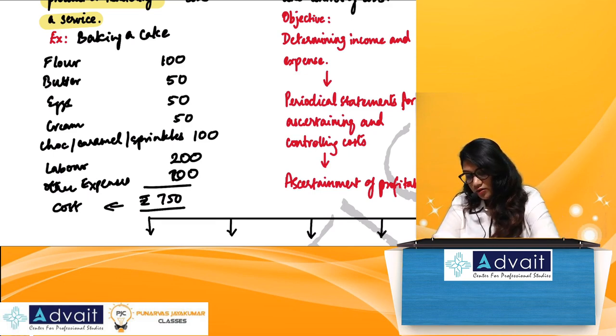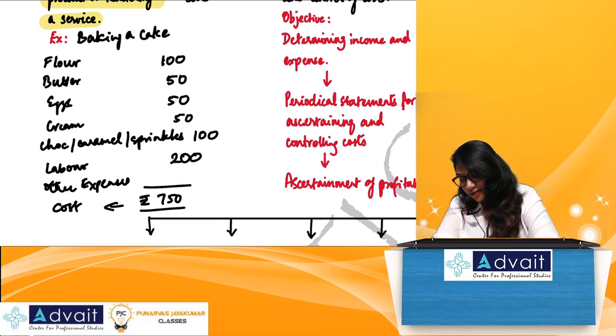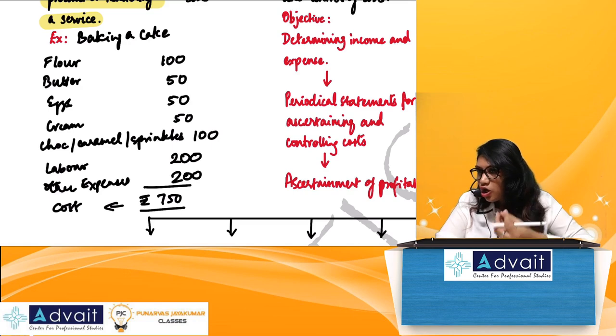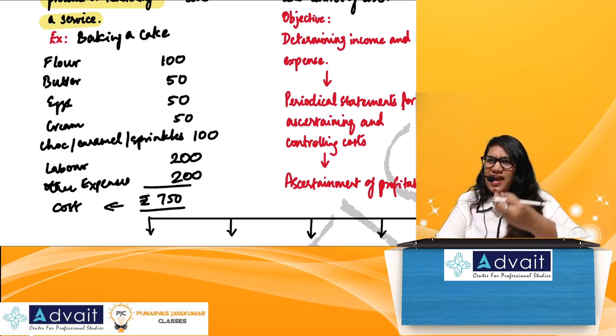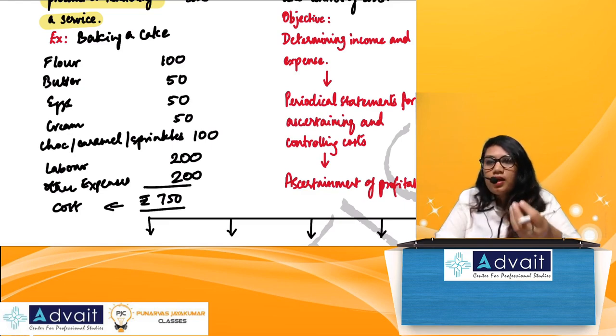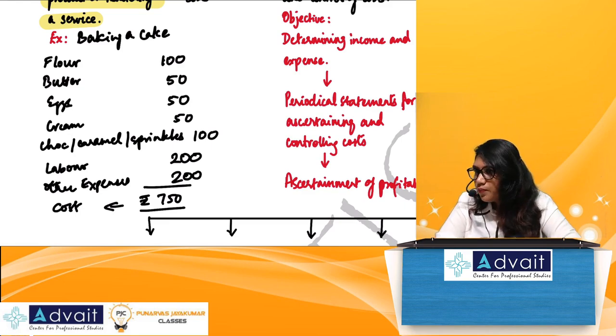We'll make it 200. See, now I did that overwriting thing. Yes. Guys, okay? So this is our cost. Very, very simple. The expense that has been incurred in manufacturing a product or rendering a service. Correct?